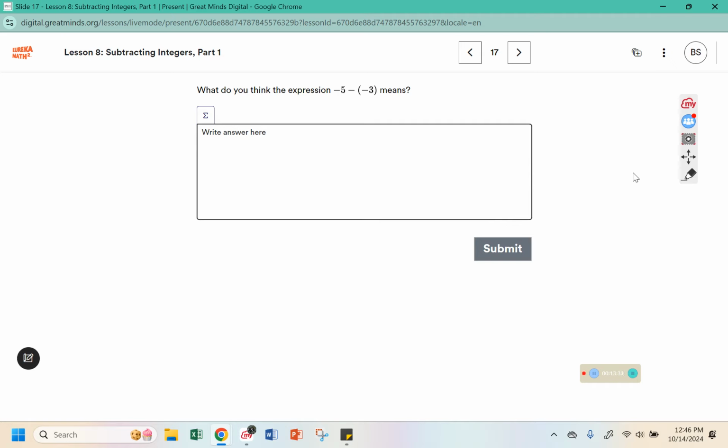What do you think the expression -5 minus -3 means? Well, if we think about this in terms of debt or owing people, you can think of it as you owe $5 and then you reduce your debt by $3 of debt.